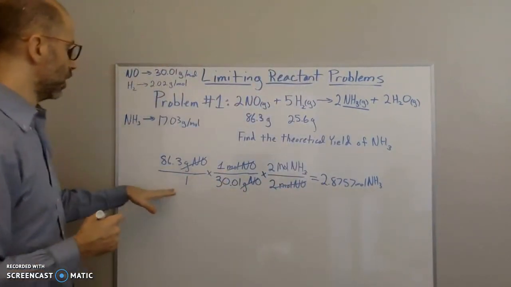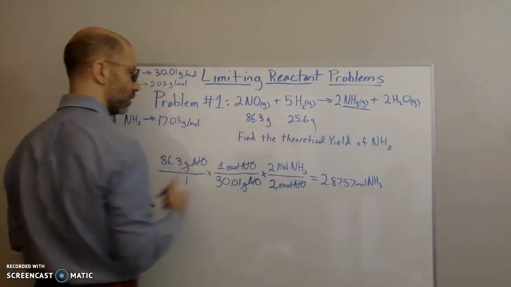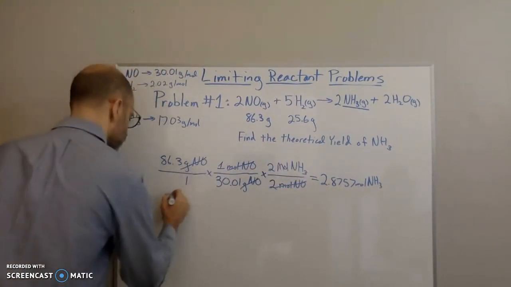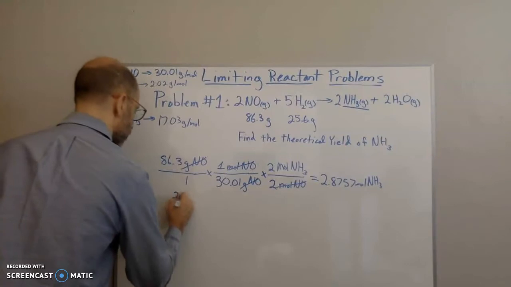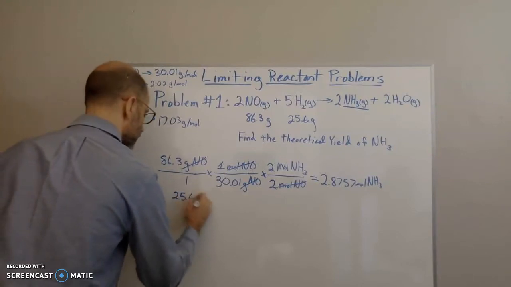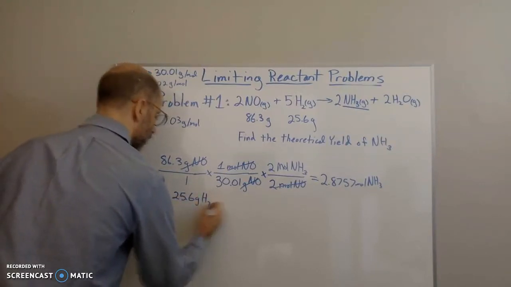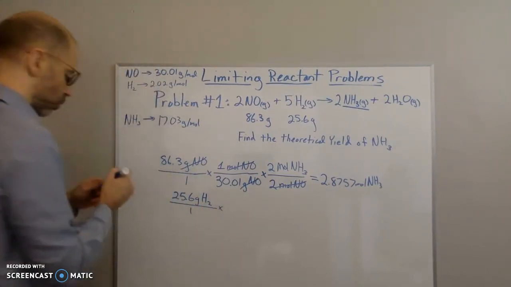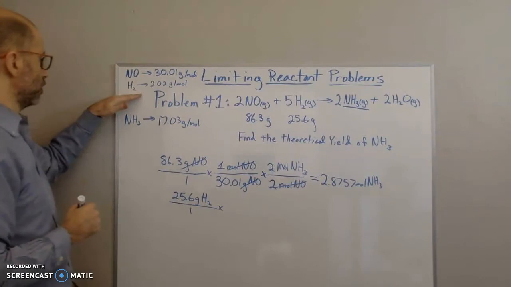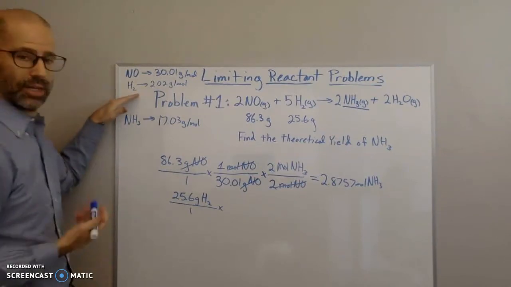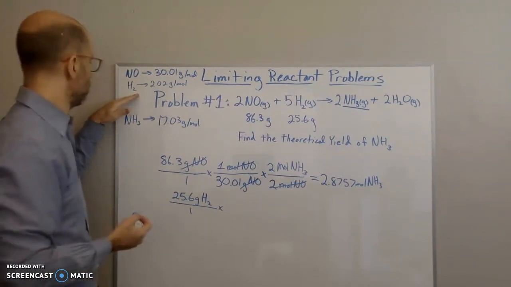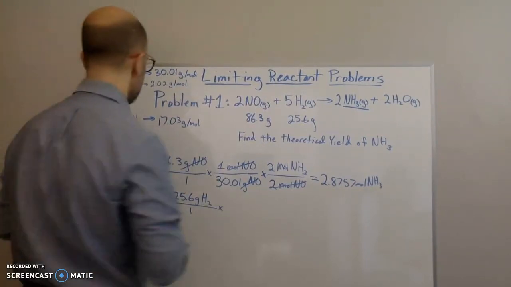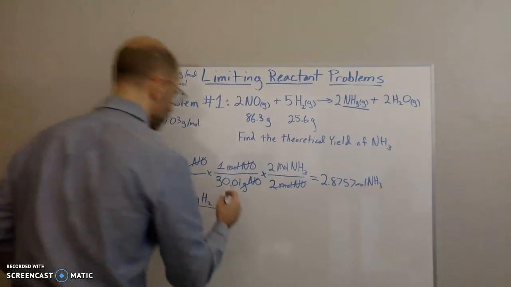And now I can do the same thing with this amount of hydrogen and see how many moles of NH3 I get from that amount of hydrogen. So I've got 25.6 grams of H2 over 1. And the molar mass of H2 is written here, so you would calculate that from your periodic table. So I've got 2.02 grams for every 1 mole.